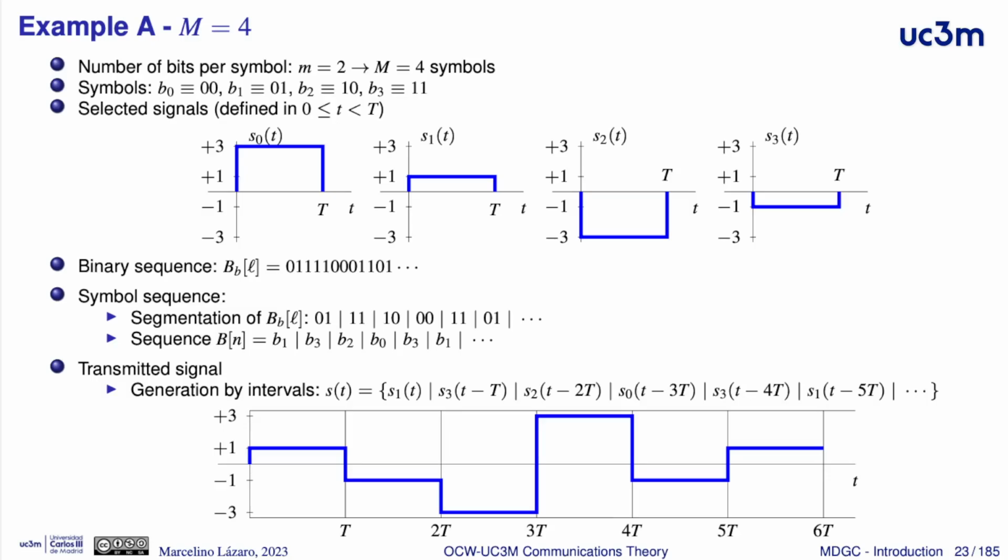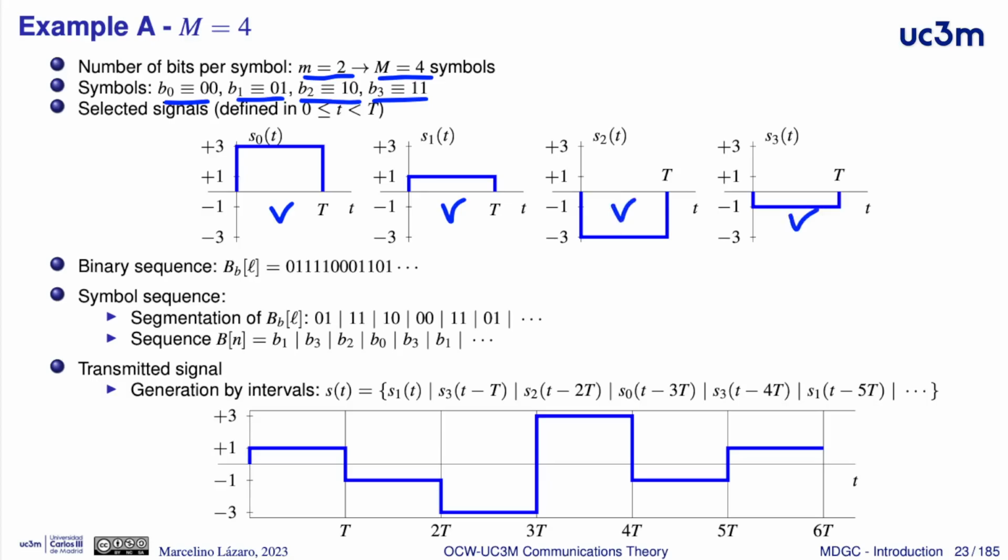Here we have a very simple example for a 4-ary system. We have 2 bits per symbol. This means that the alphabet is an alphabet of 4 symbols. The symbols are B0, 00, B1, 01, B2, 10, B3, 11. We have 4 signals, S0, S1, S2, and S3.